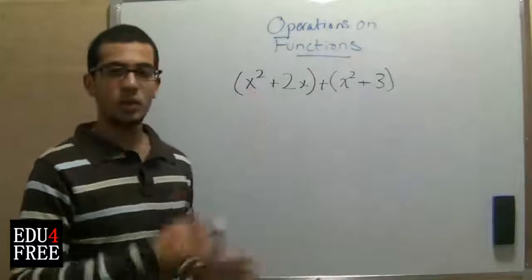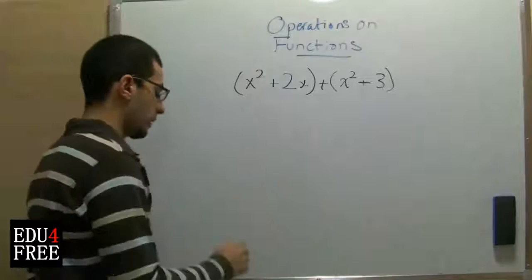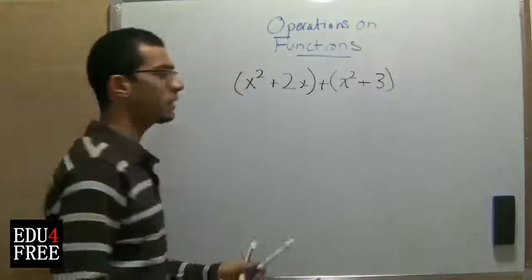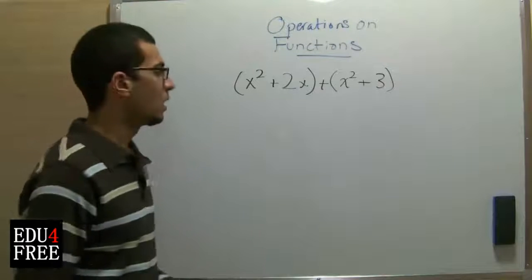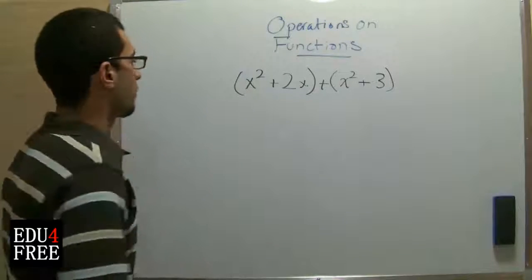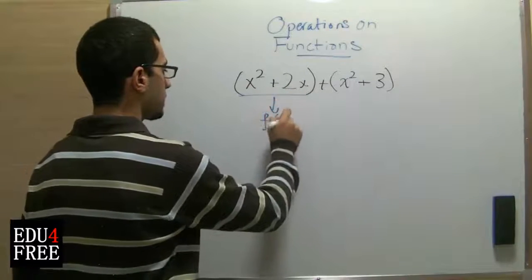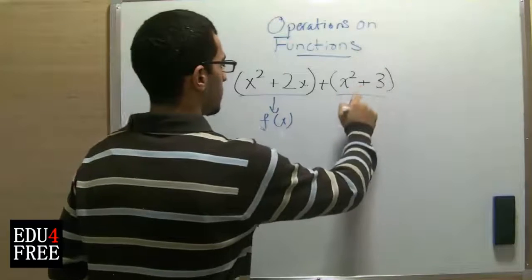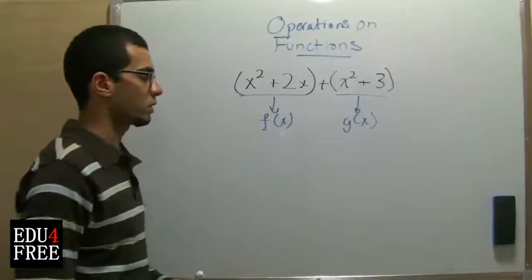So addition, subtraction, multiplication, and division are just the same thing. But the point is getting the domain of the resulting function. What will be the domain of the resulting function? For example, if this is f of x and this is g of x, those are two functions.